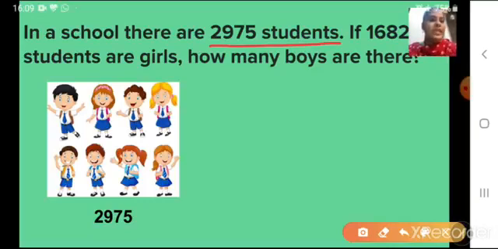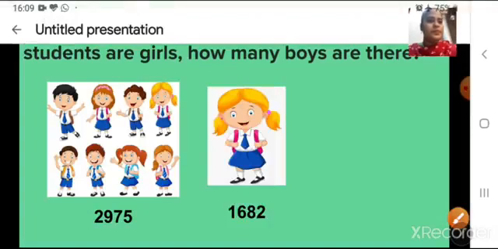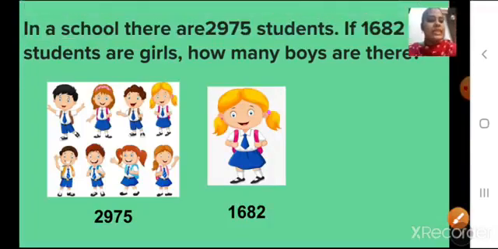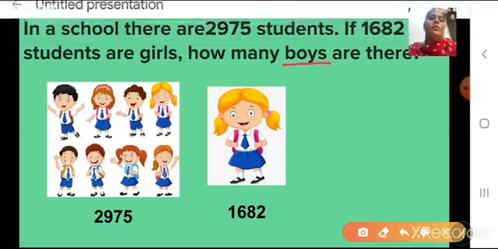The next is, 1,682 girls are there. Out of this many students, 1,682 girls. And finally they have given us what we have to find out: the number of boys. How many boys are there?